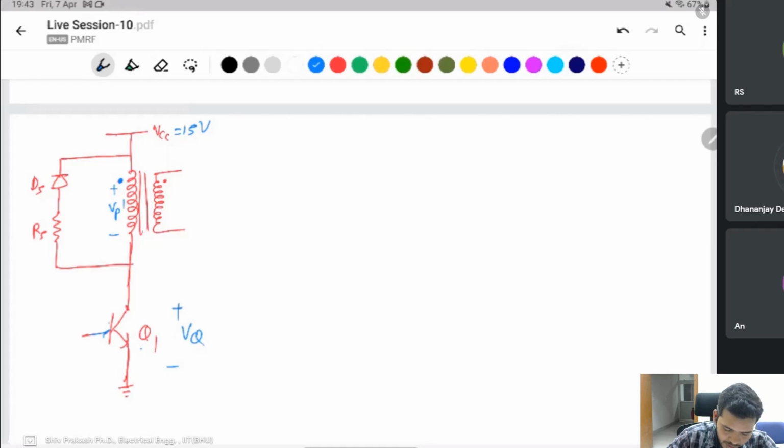Then if current flows like that and the switch is off, the current flows in the same direction. At that time, this one behaves like a source. That's why the polarity will change, and this one is positive, this one also positive, and negative current flows like that.